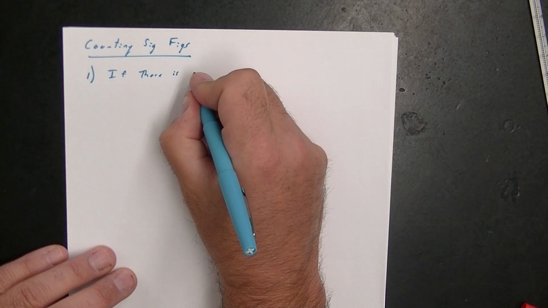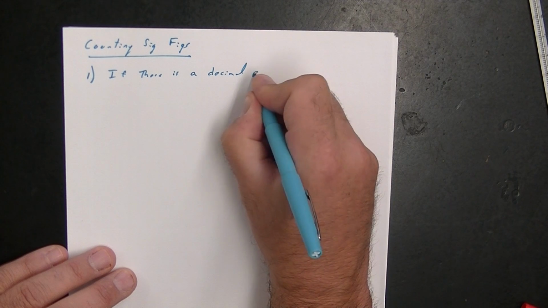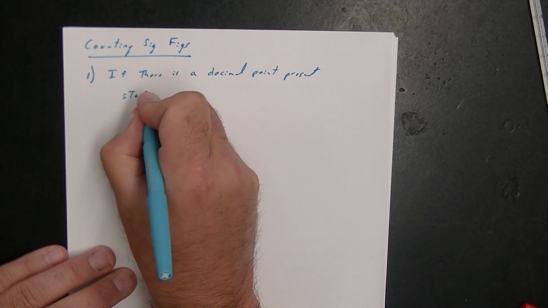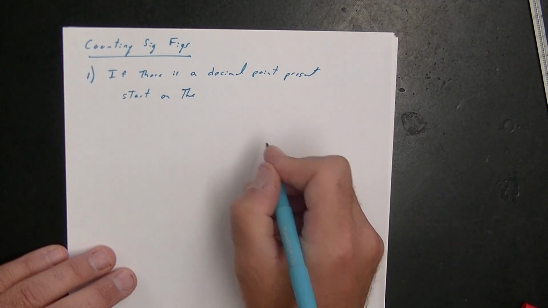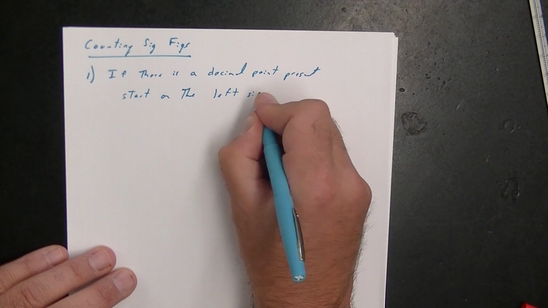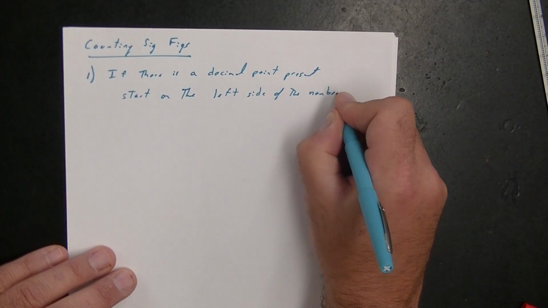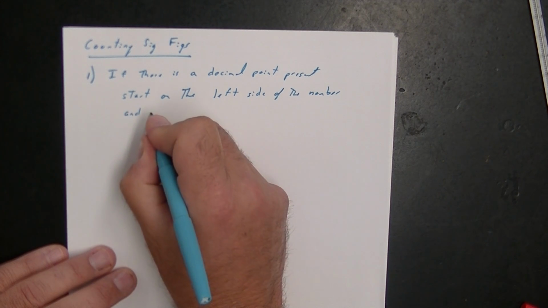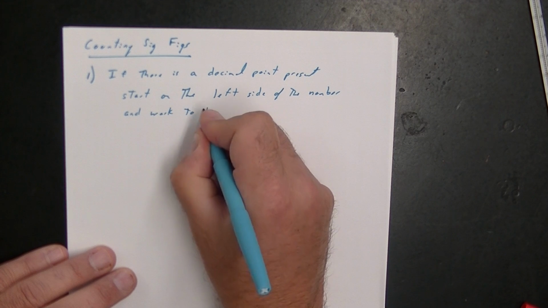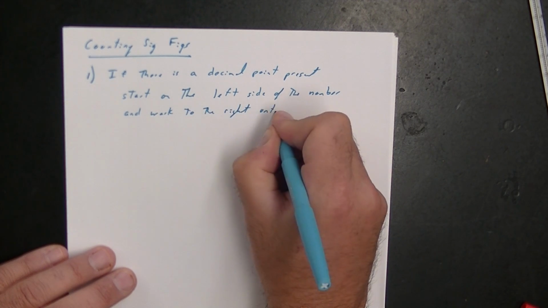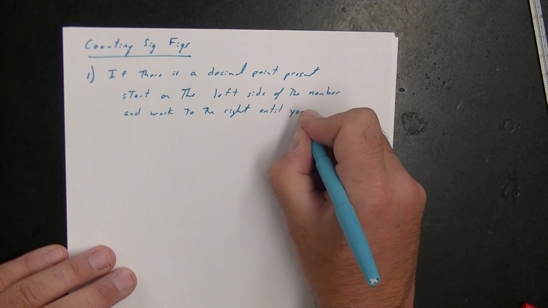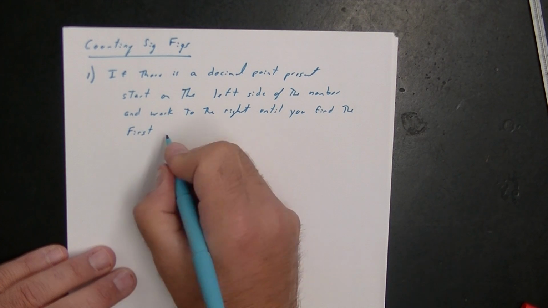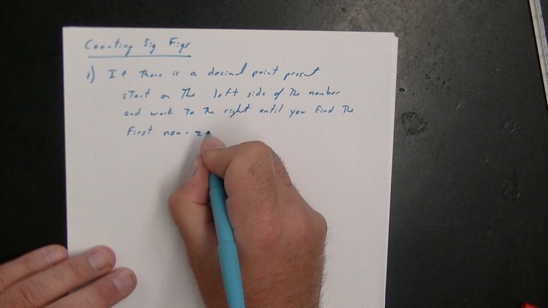If there is a decimal point present, we start on the left side of the number and work to the right until you find the first non-zero digit.